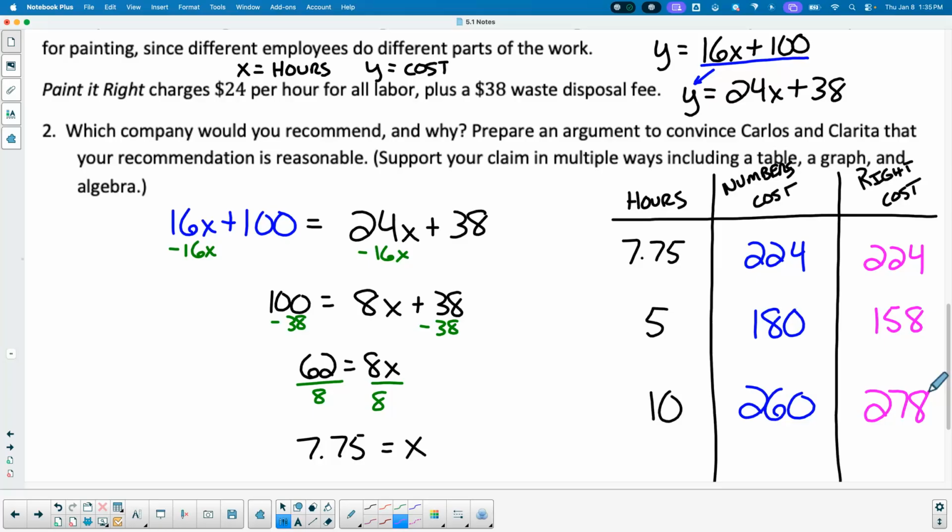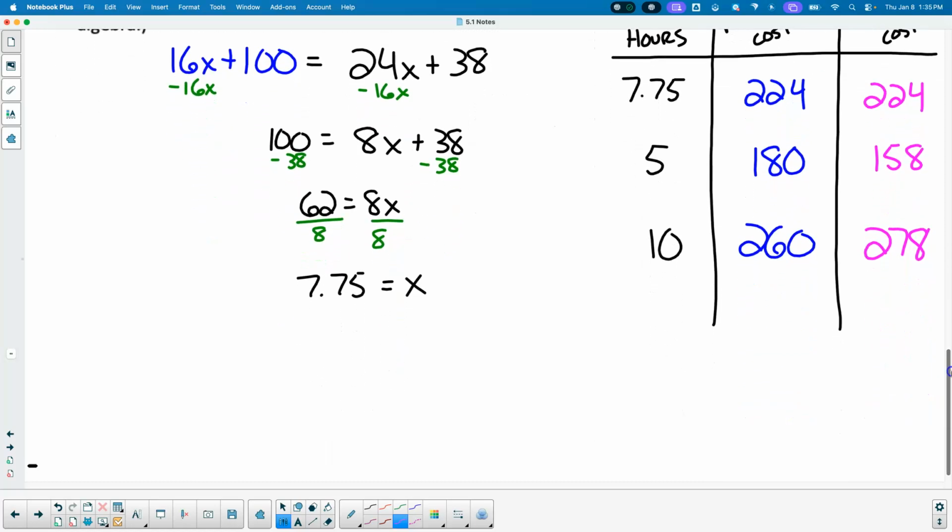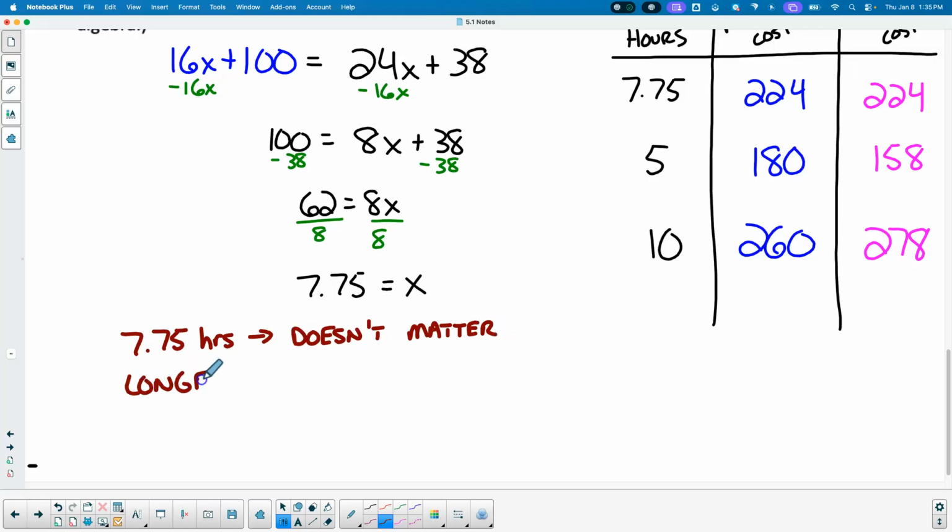Right? Okay. So the argument that we would make is, if it's going to take longer than 7.75 hours, then you should go with, what was that, Paint by Numbers?